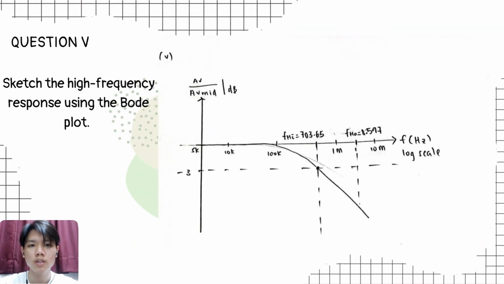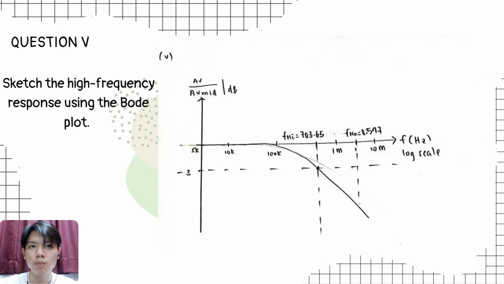So the high cut-off frequency of this question is 703.55 kilohertz. Next, we sketch the high frequency response using the Bode plot technique. The vertical axis is Av over Av mid and the horizontal axis is frequency in hertz. From the calculation, the FHI value is 703.55 kHz and the FHO value is 8.597 MHz.